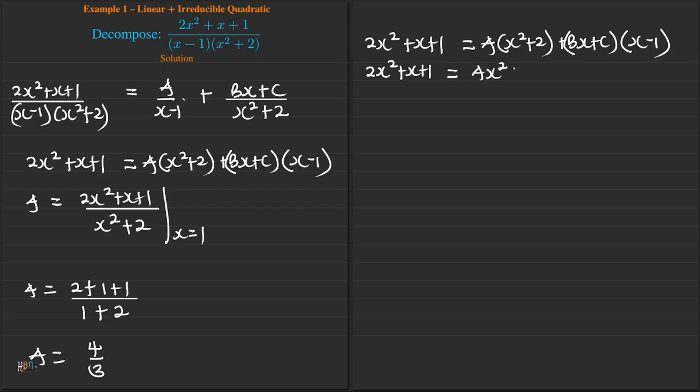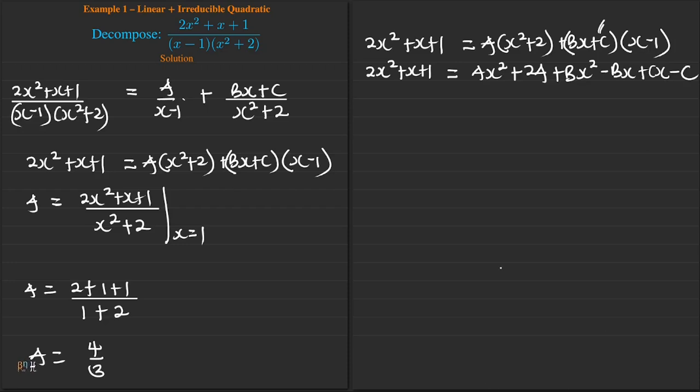Then A times 2 gives us a positive 2A. Then we now come to Bx times x. That gives us Bx squared. And then Bx times negative 1 gives us a negative Bx. C times x gives us Cx. And then C times negative 1 gives us a negative C.